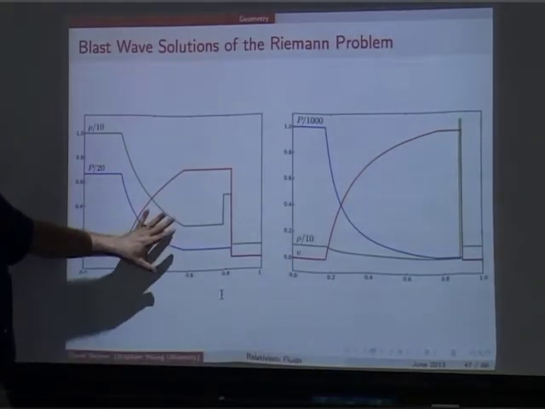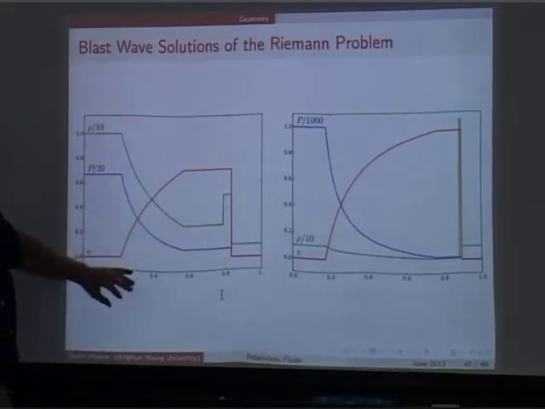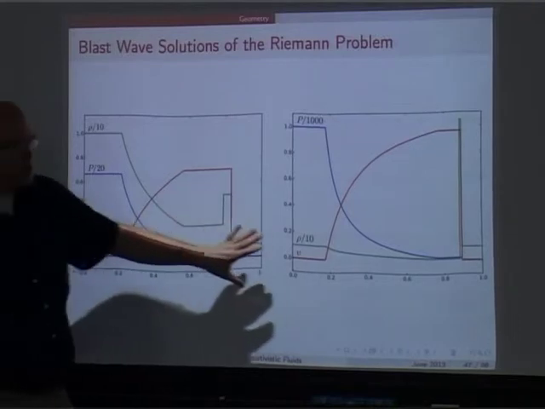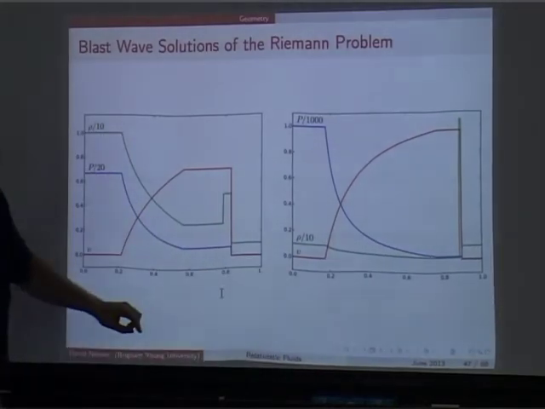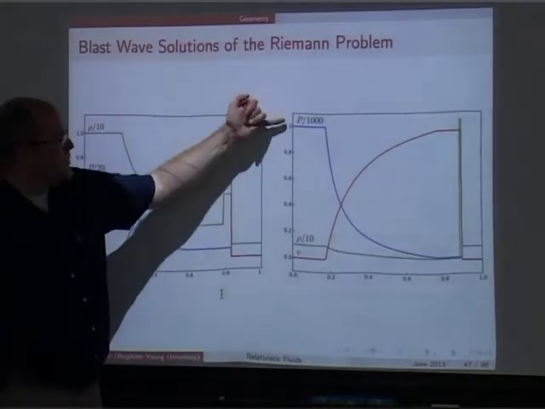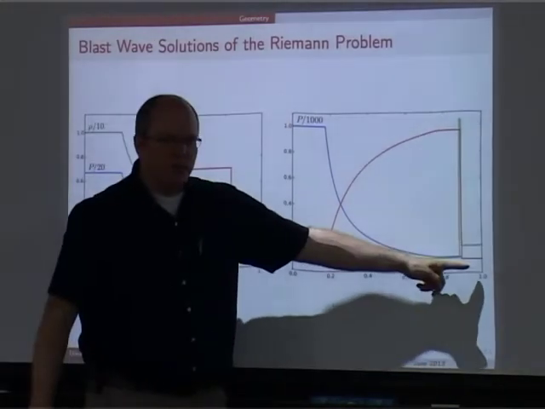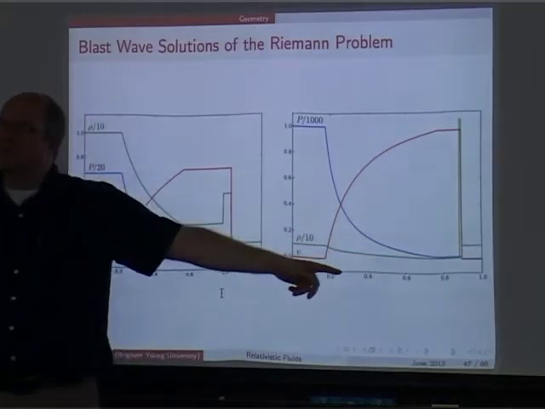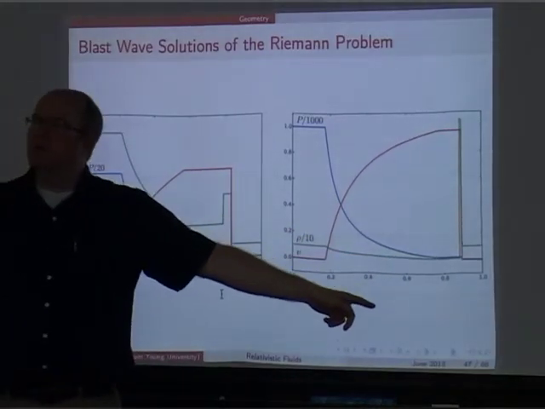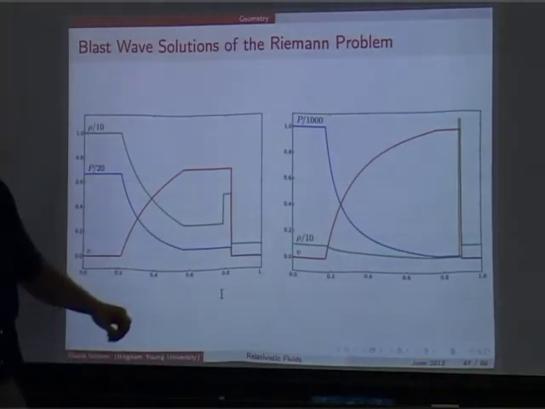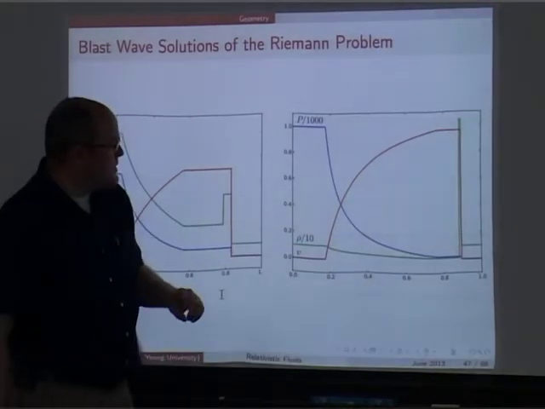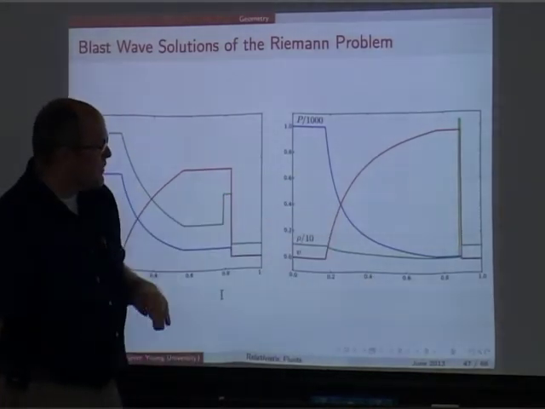Now, with relativistic fluids, we can get very narrow shocks. In this case, the initial pressure was 1,000 on the left-hand side, and on the right-hand side, it was 0.01. And the initial velocity was 0, and the density was 1 all the way across.